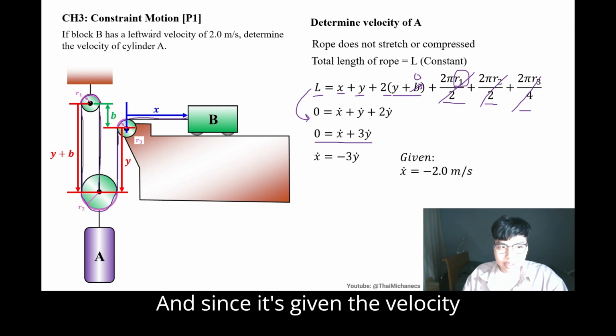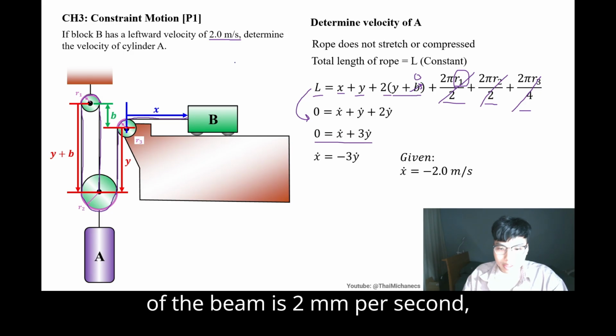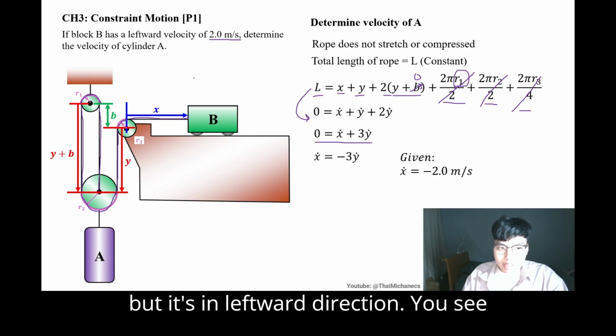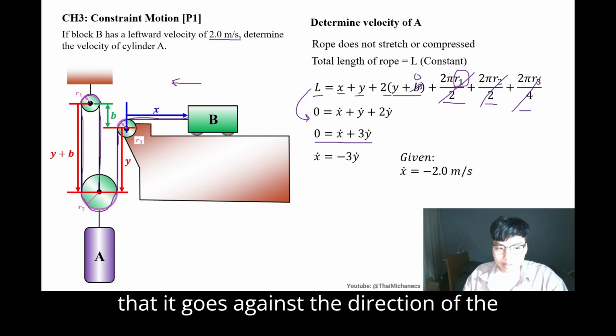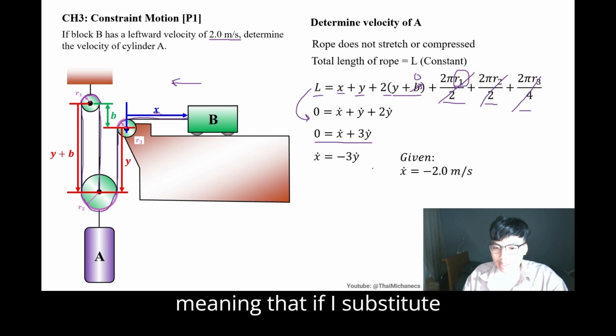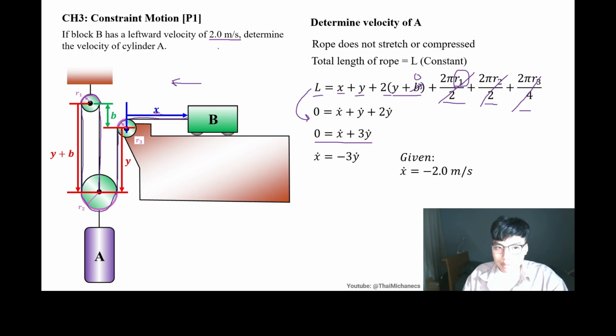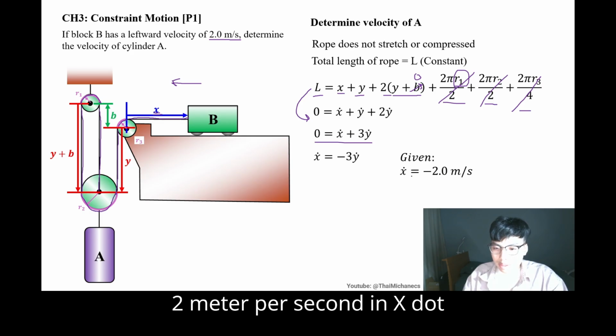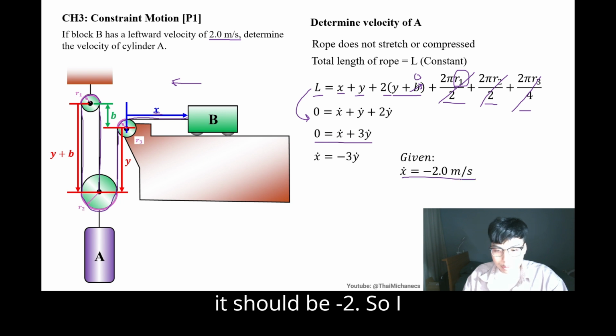Since it's given that the velocity of B is 2 meters per second, but in the leftward direction, it goes against the direction of x I described, meaning that if I substitute it into x dot, it should be minus 2.